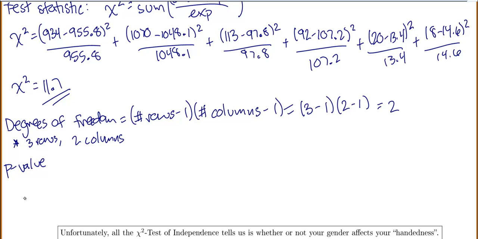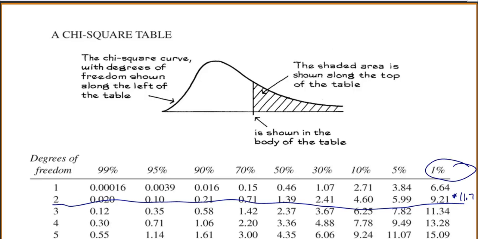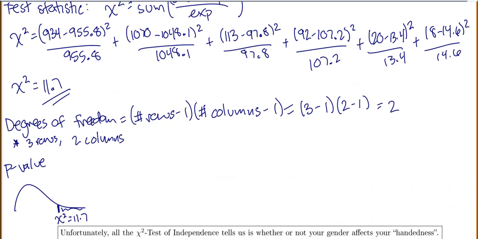Now your p-value will always be that area to the right. So here's chi-squared equals 11.7. And on the area to the right, we have 2 degrees of freedom. So 2 degrees of freedom. We want our 11.7, so it's going to be off the chart. So my area is less than 1%. So my p-value is less than 1%.